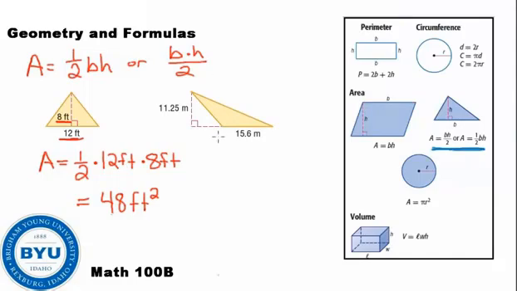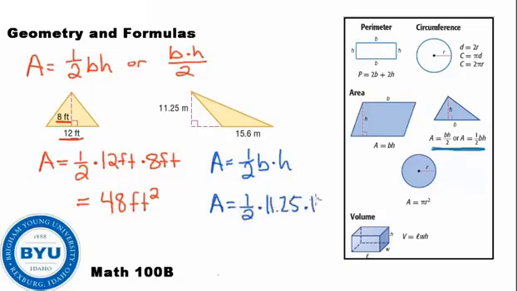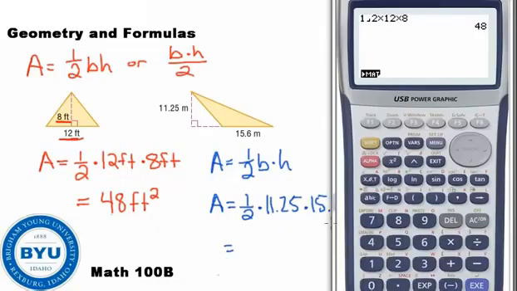Okay, good. So let's take a look here. On this one, you should have done area equals 1/2 base times height, which would be area equals 1/2 times 11.25 times 15.6. I'm definitely going to bust out a calculator here to help me on this one.